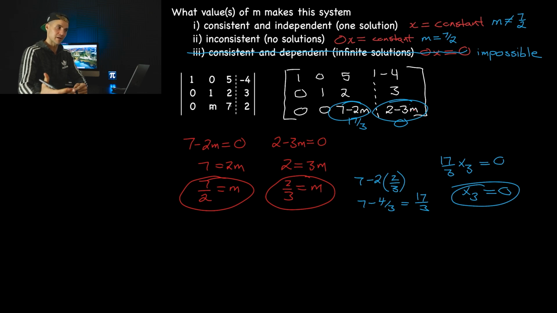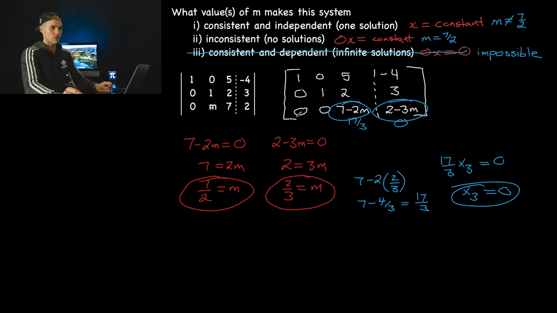It's going to end up being some kind of value. And so all of these, basically x1, x2, and x3, is going to have a consistent and independent solution. They're going to have some kind of value, which makes the whole system have just one solution.